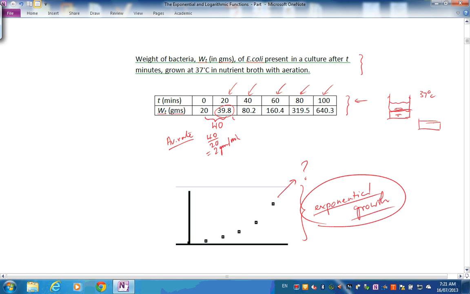Let's do it again. Let's go for the next 20 minutes. This roughly is 80 from 4. That's about a change here of, I think I've messed it up already, because 20 to 40 is only 20 here. Okay, that's actually 1 gram per minute.